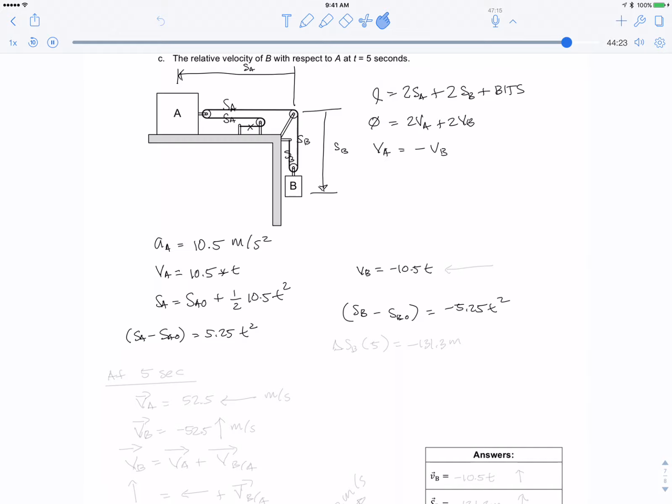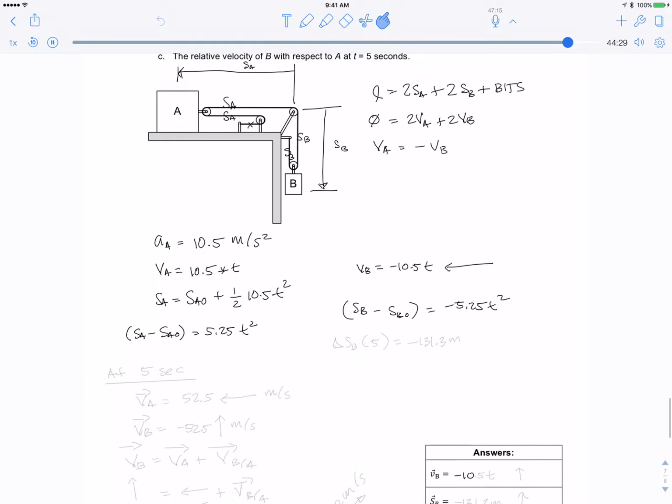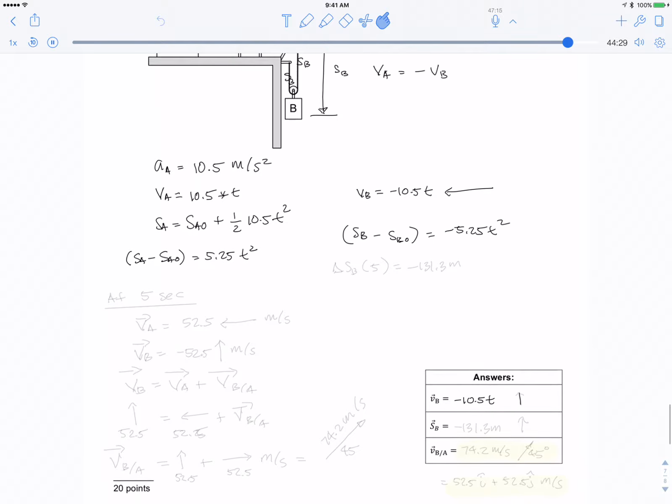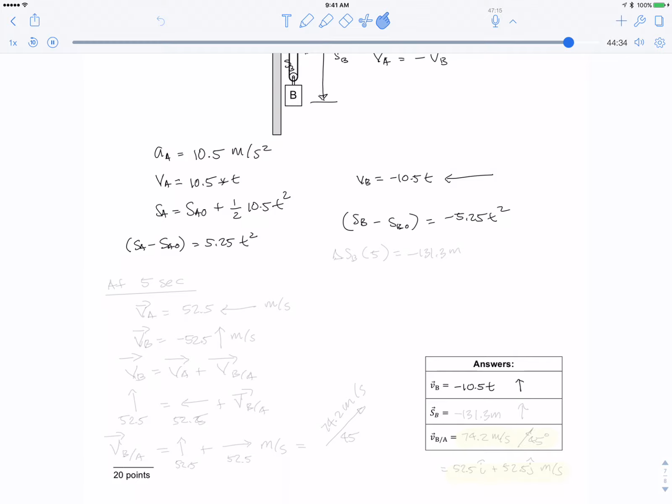We've figured everything. What do we need to know? Velocity of B at any time. That's right here. We've done that, so let me write it in. Minus 10.5 t, and just to be safe, I'm going to say going up. The position of B, so I'm assuming they mean how much it's moved, so that's delta SB is 5.25 t squared, and they want to do this at 5 seconds.